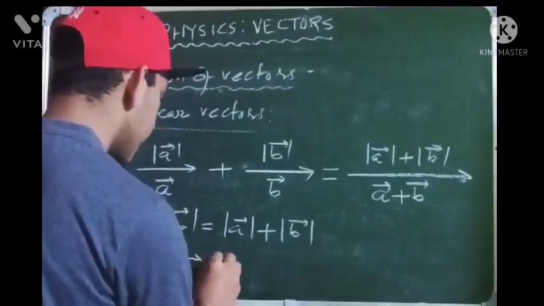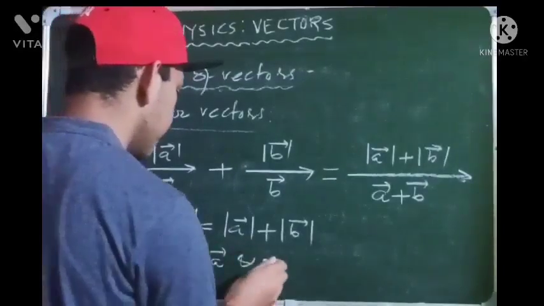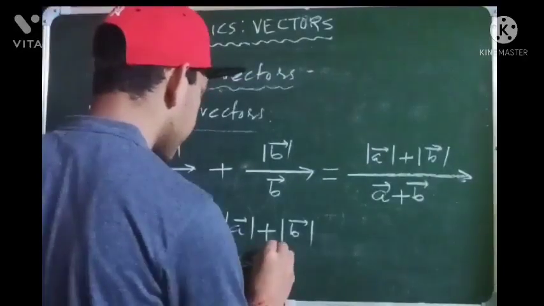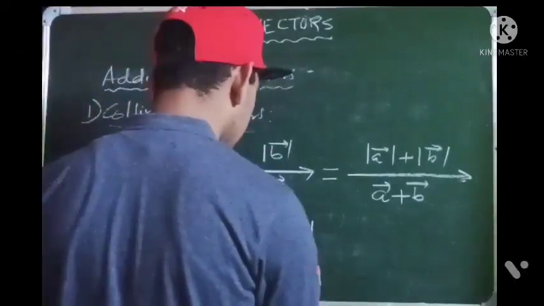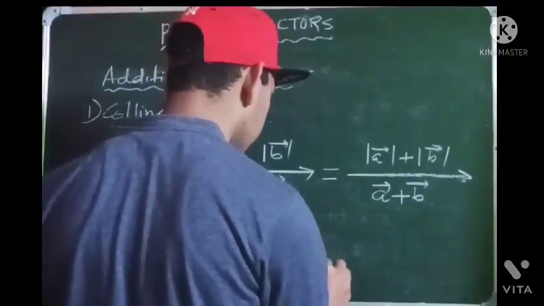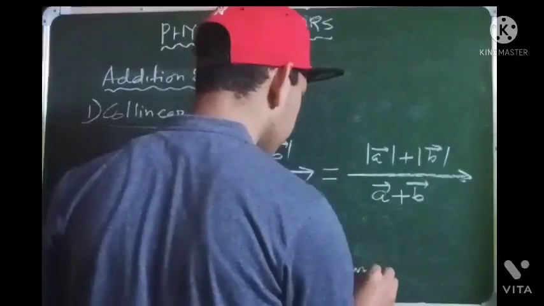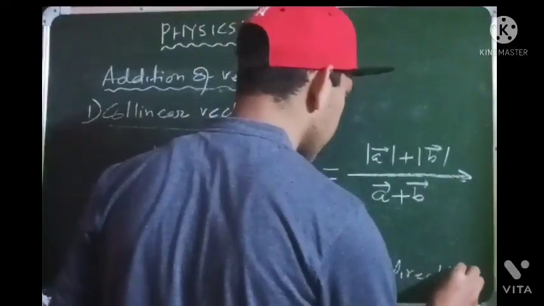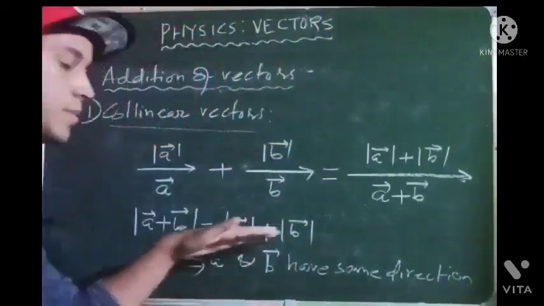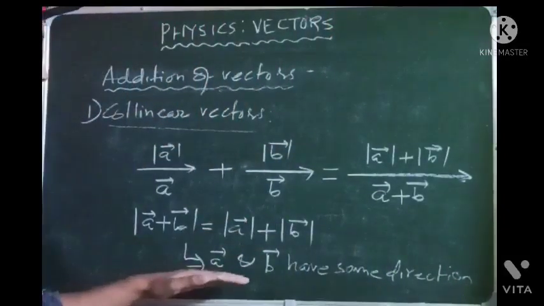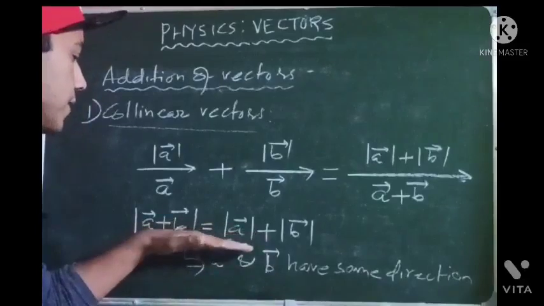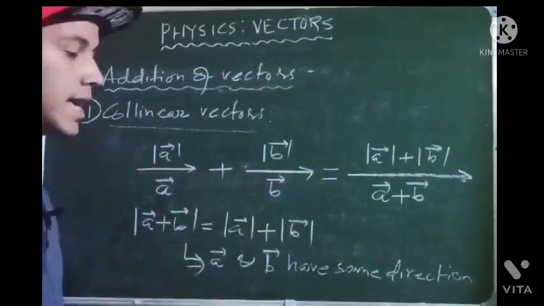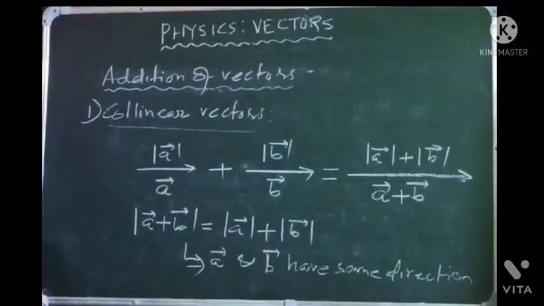This implies that A vector and B vector have same direction. This is the inference of this statement, because from this statement we have derived this using this example.